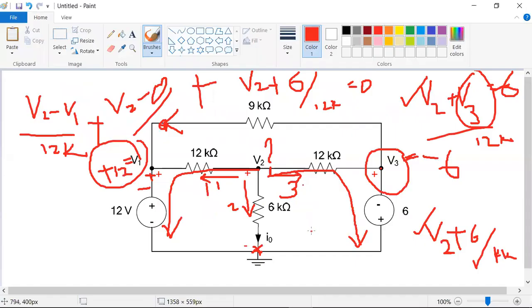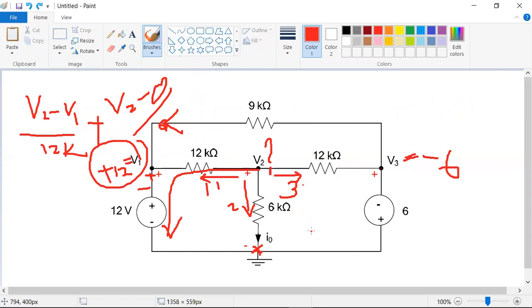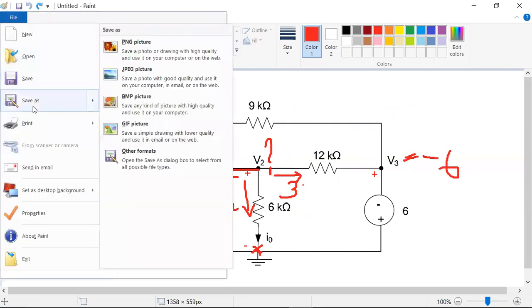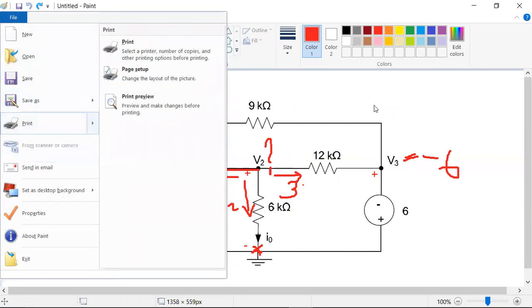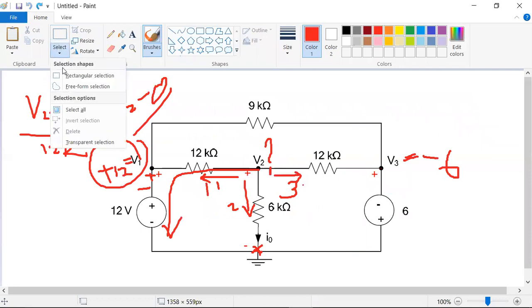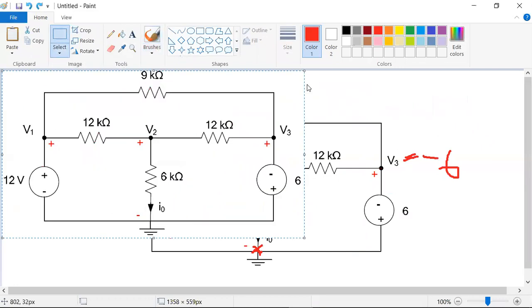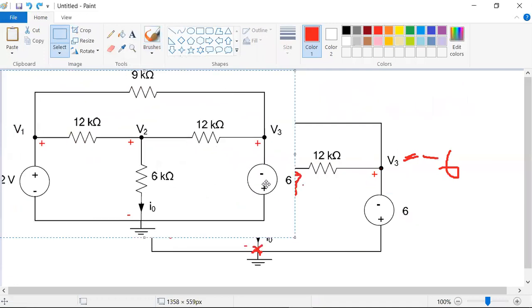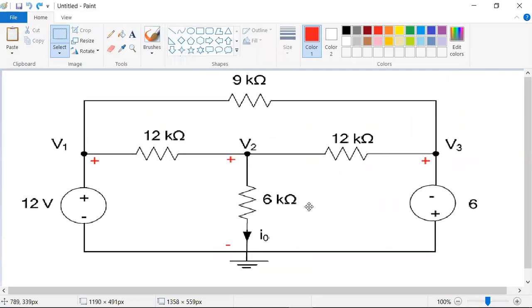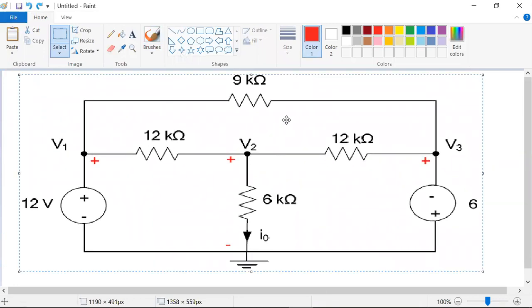So now let me write that. Right. So now you got this V2.